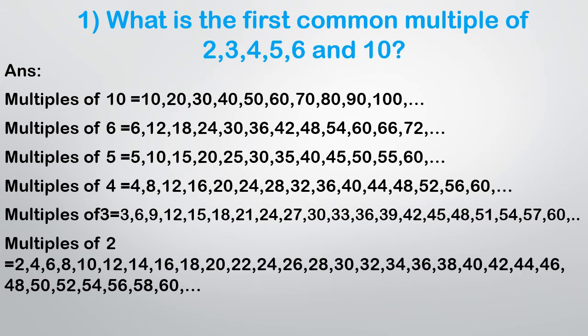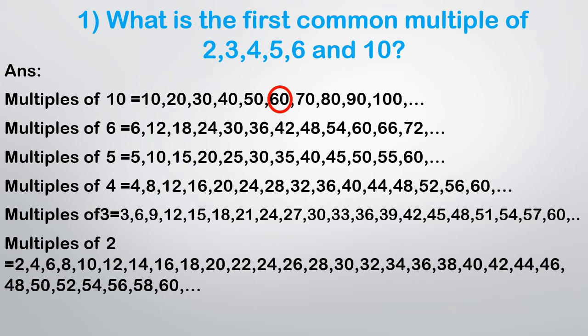Then 40. 40 doesn't come in multiples of 6. Then 50. 50 also doesn't come in multiples of 6. Then 60. Okay, so 60 comes in multiples of 10. Then 60 comes in multiples of 6 also, and in multiples of 5 also.